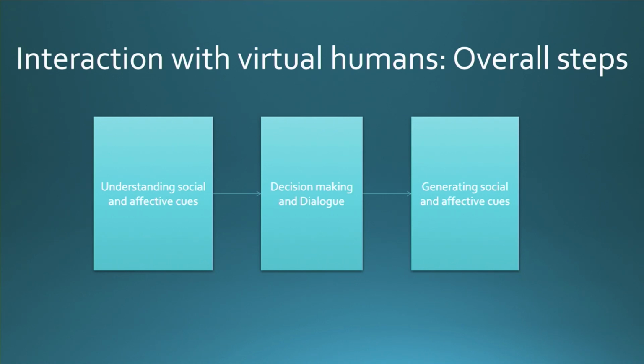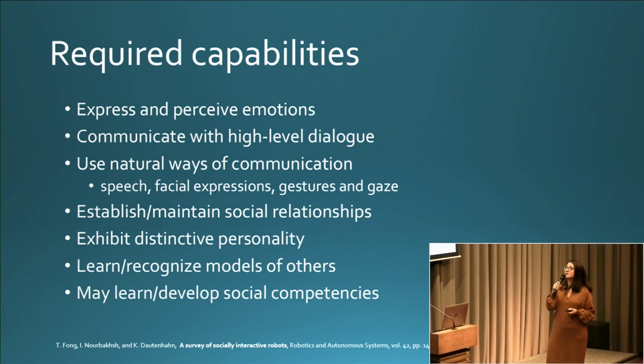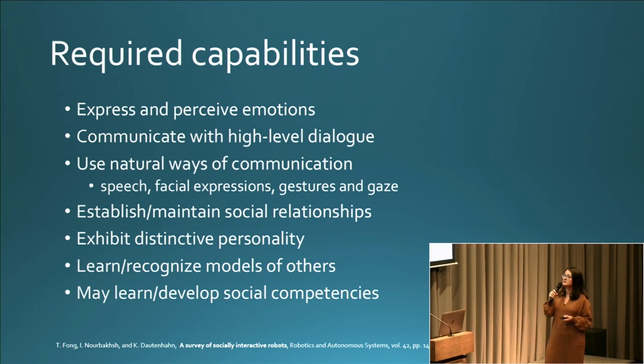And if you want to do fully autonomous virtual characters that are socially interactive, we require a quite range of capabilities: expressing and perceiving emotions, communicating with high-level dialogue, using natural ways of communication, establishing and maintaining social relationships, having a personality, learning, recognizing models of others, and developing other types of social competencies, for example, walking, following behavior.